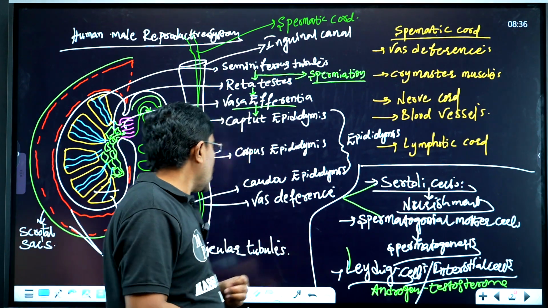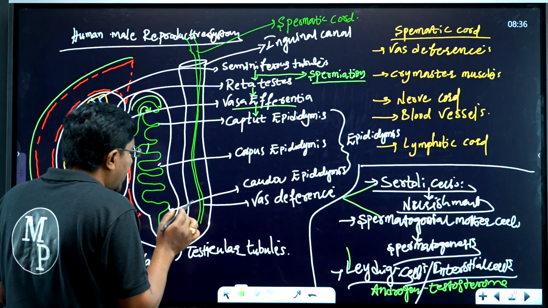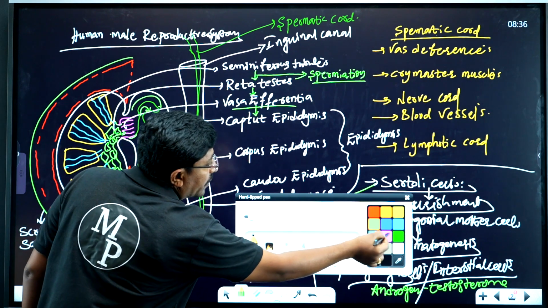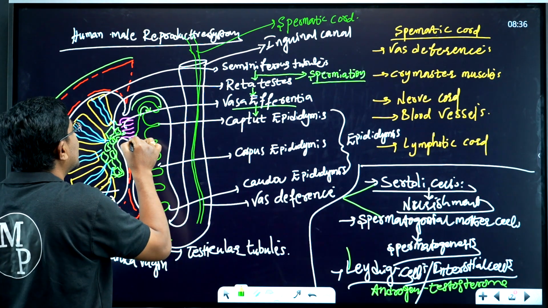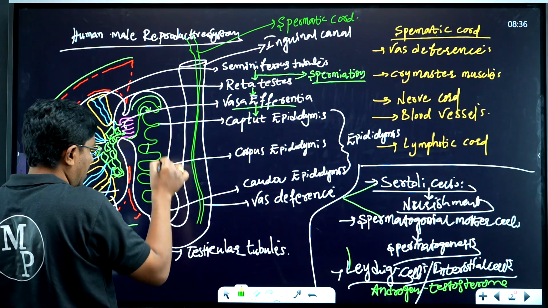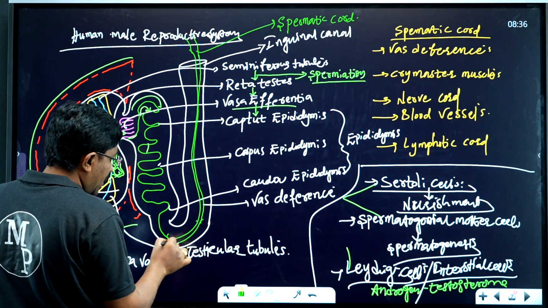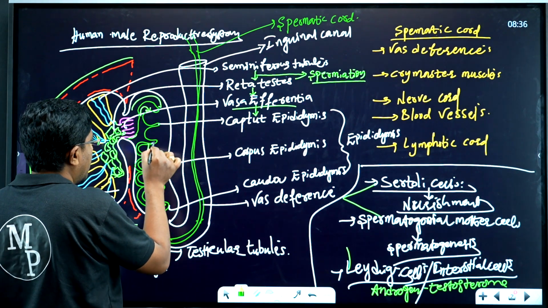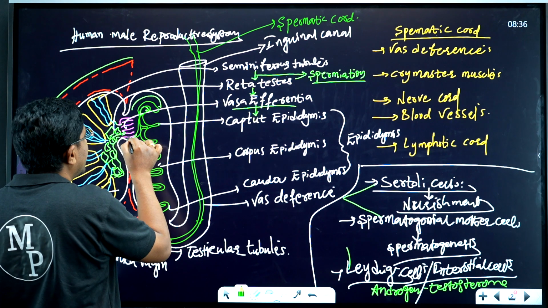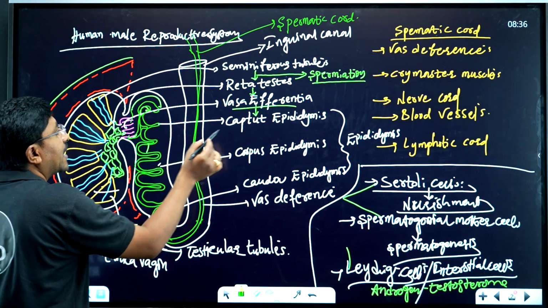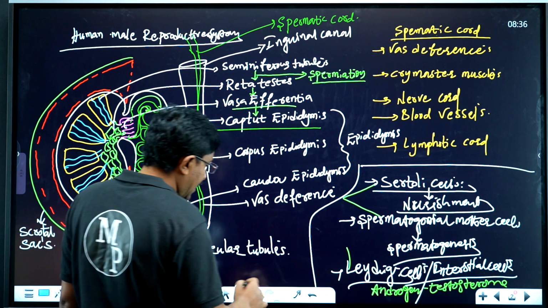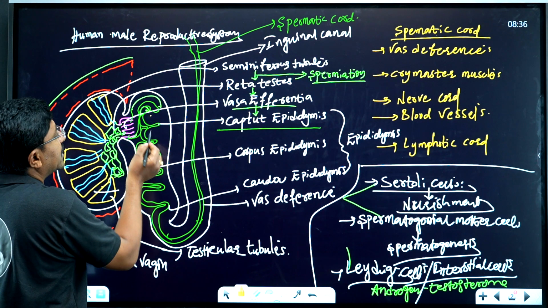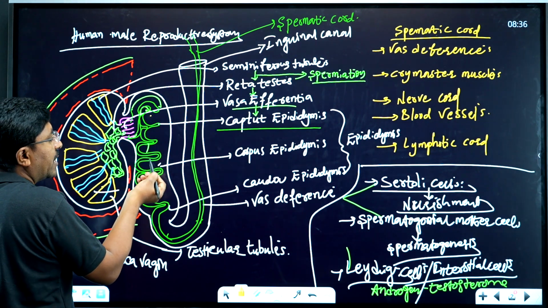Which part of the epididymis takes the spermatozoa from inside the testis to outside? That is the caput epididymis. And next is the proximal portion of the epididymis.